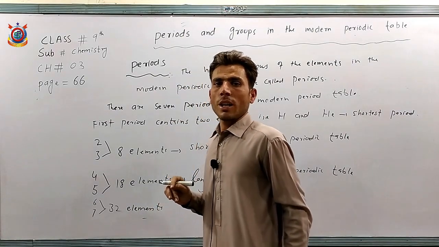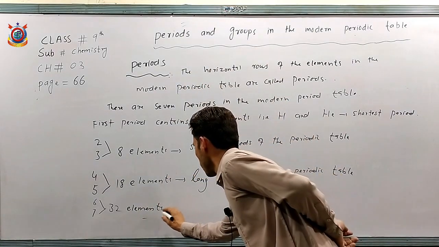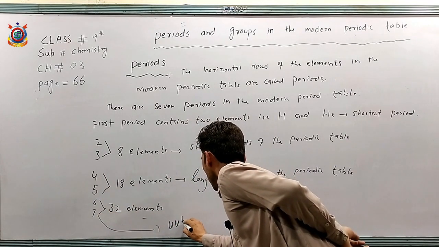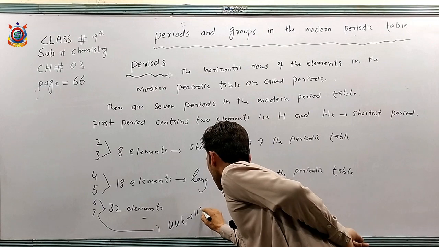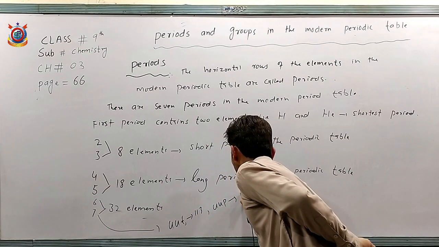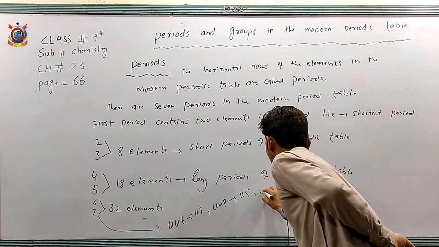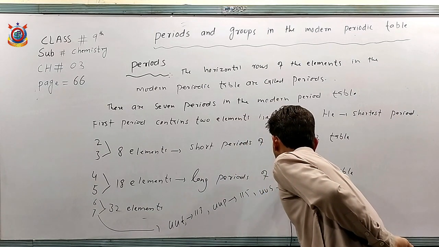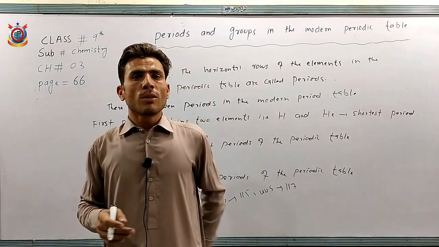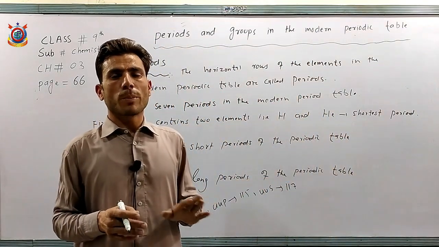If you talk about elements such as those with atomic numbers 1, 13, 15, 17, etc., these are the elements whose properties have not been studied properly.